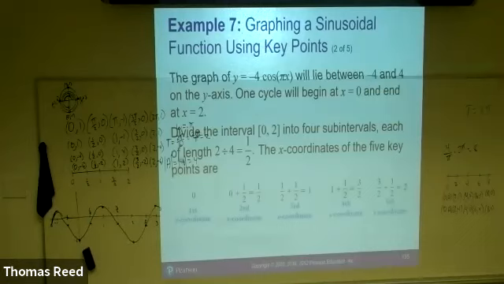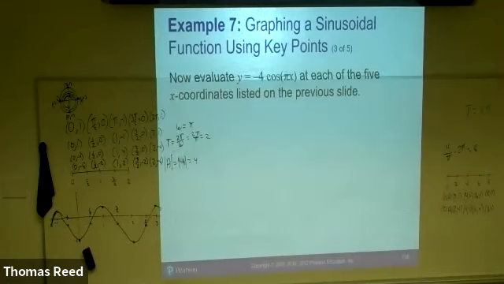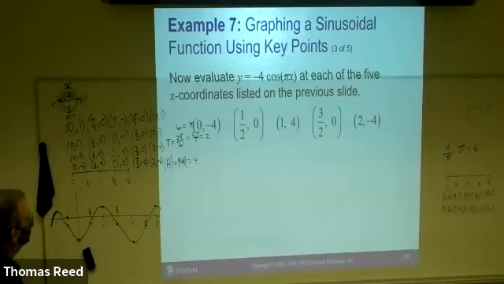And so you look at, at 0, it went to -4. They didn't explain how you got those values. And I kind of like to go through it step by step.